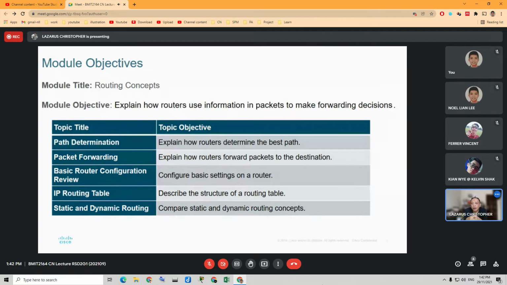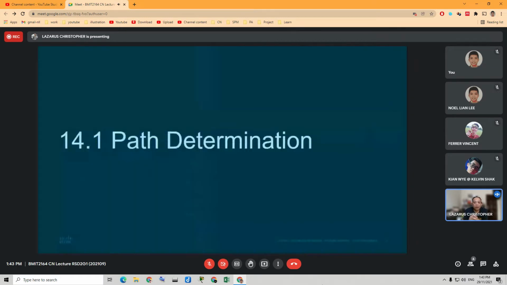So that means the router will need other routers to inform it about other remote networks, okay, so that the router is able to do the path determination and after that forward the packets. Okay, right. So let's look at the first topic, which is path determination.